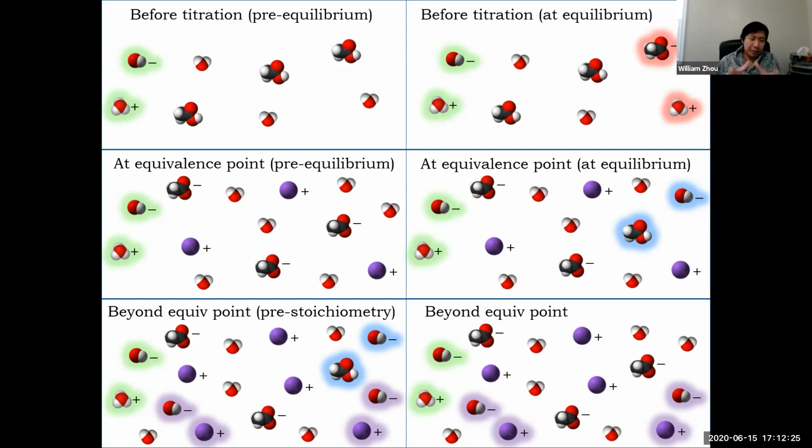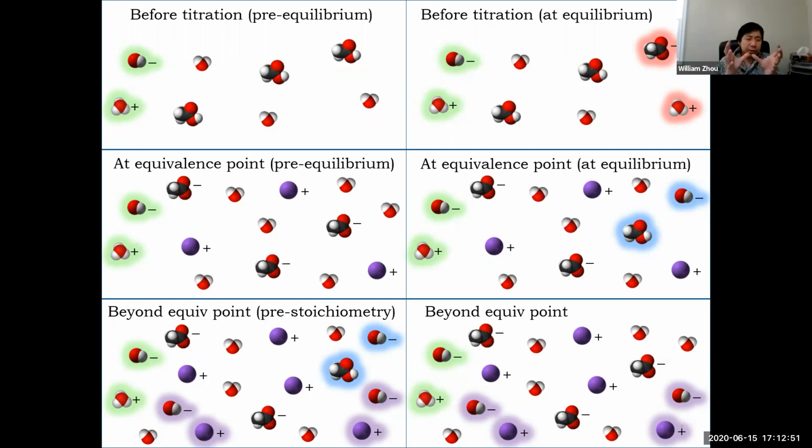So, in the first row, that is for before the titration. You didn't add any base, it's just the acid. On the top left corner, you have the solution before the titration, before equilibrium is reached. So you basically just have water and acid molecules, the 3 acid molecules.